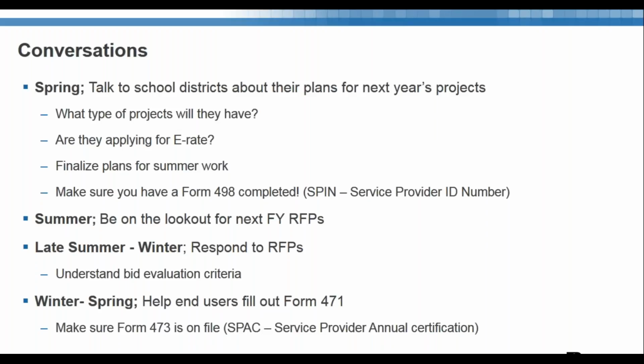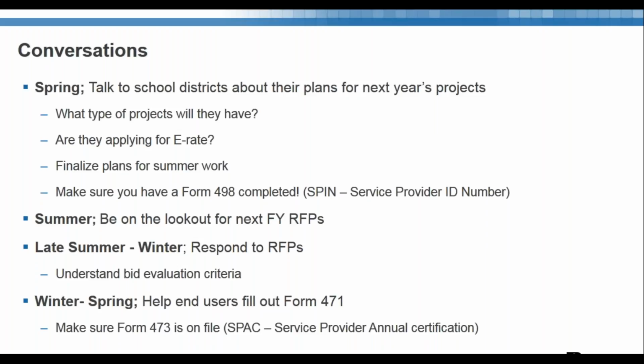So this spring, be talking to your schools about funding year 18 projects. What type of projects will they have? Do they plan on applying for E-rate? Finalize those plans for the summer work of this year, and then make sure you have your Form 498 completed. This is your service provider identification number, and it just allows you to participate in the program.